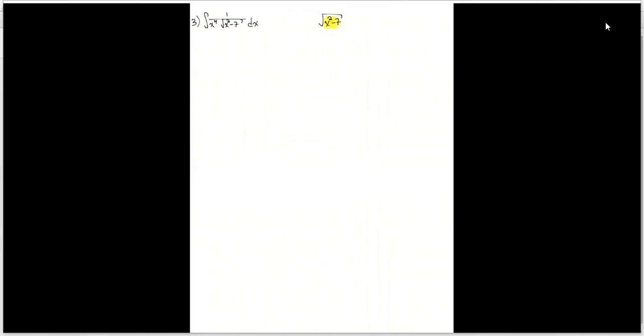All right, so let's talk about what kind of substitution we're doing here for this guy on the right. So we've got our variable squared minus this constant here. So what we want to use instead is actually secant.